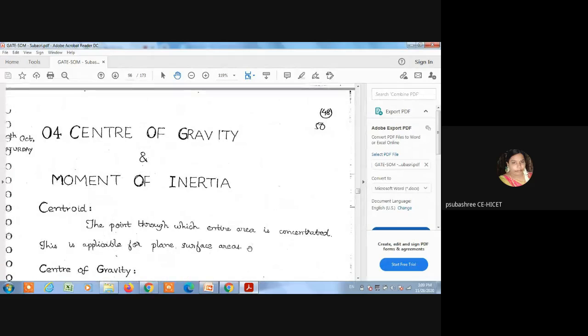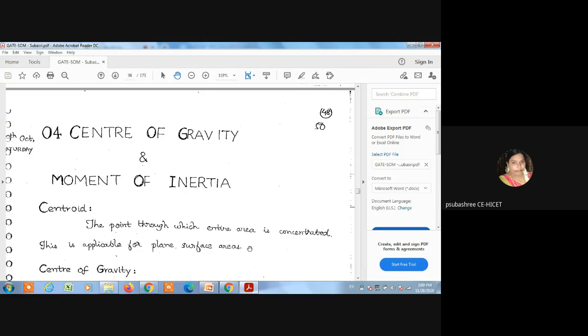The next topic, center of gravity and moment of inertia. So what do you mean by centroid?